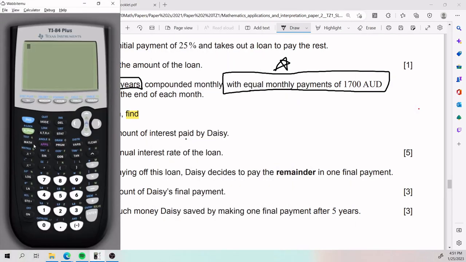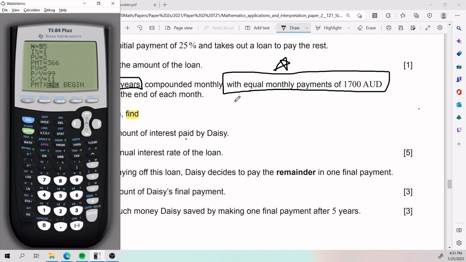If we go ahead and open it, it will be on this apps button that's in purple. We press finance. And there's a lot of things going on here, but you will go to TVM solver. Okay, this is usually the one you're going to always use. And there's a couple things going on. See? So big N is now the amount of compounding periods.